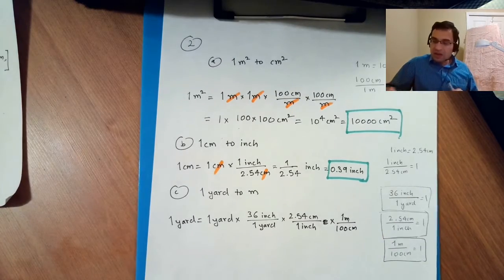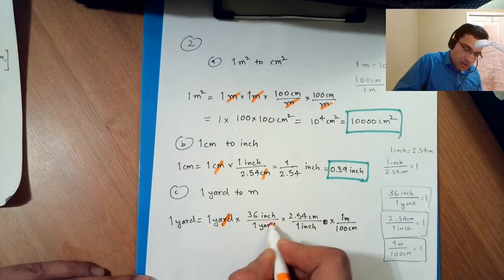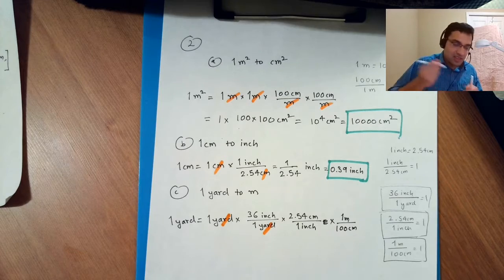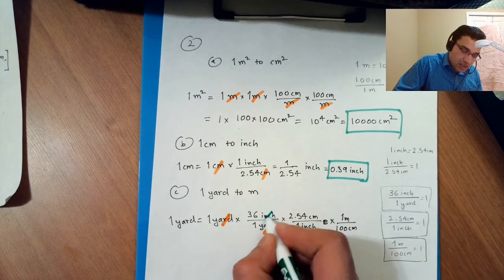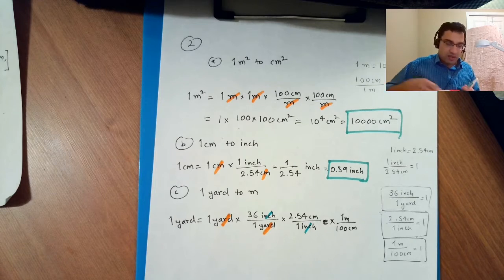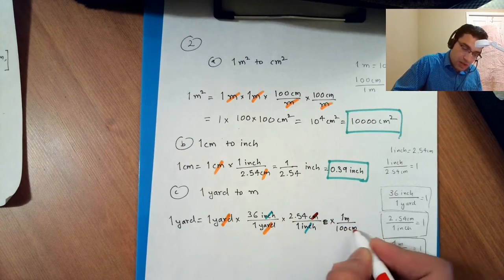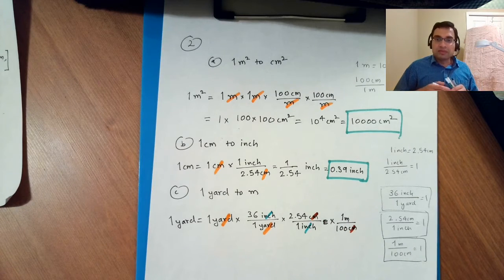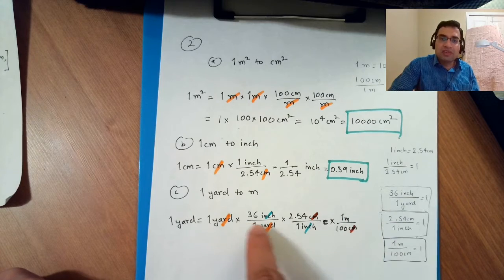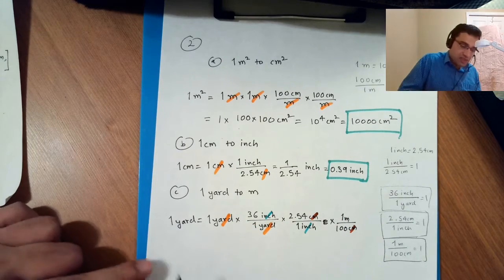You see, now I can get rid of this yard and this yard. Okay, let me use a different color just so that you can see. I can get rid of this inch by this inch, and then I can get rid of this centimeter by this centimeter. And what's left now? Just meter, right? Because everything else got canceled. So I have to do the right calculations.